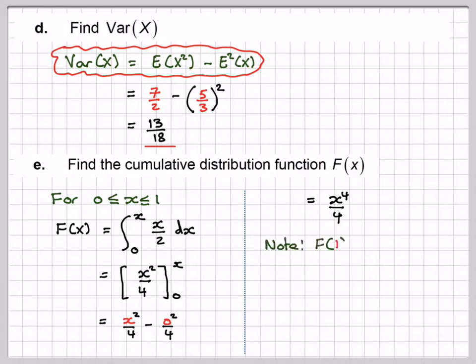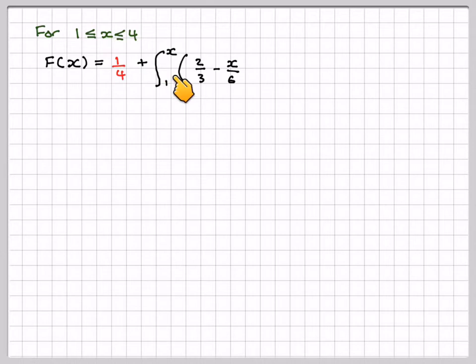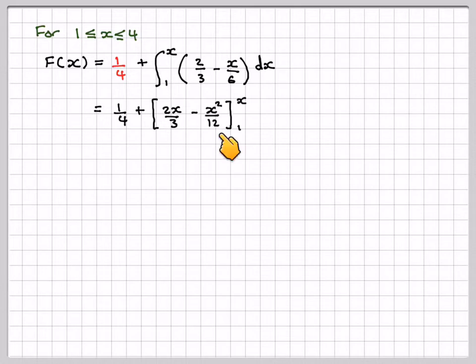Now I need to work out F of 1, because that's at the end of that region. So F of 1 will be equal to 1 squared over 4, which gives me 1/4. Now the reason for doing that is between 1 and 4, I've already got up to 1/4, and then I need to add the integral from 1 to x of the next bit of the function, which is 2/3 minus x over 6 dx. So it's 1/4 plus 2x over 3 minus x squared over 12 from 1 to x.